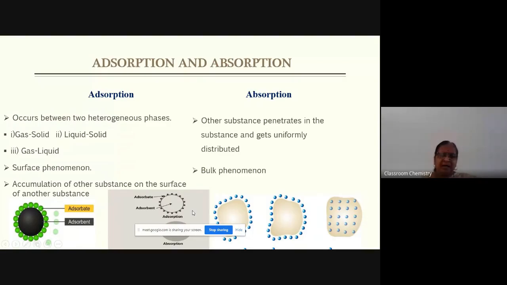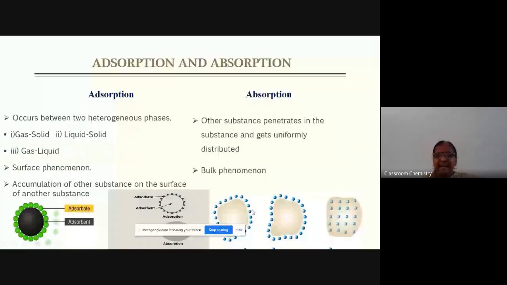In this figure, this substance is the adsorbent and another substance which is being adsorbed on the surface of that substance is known as the adsorbate. It is the surface phenomenon. But if we observe this figure, that substance will penetrate in the body of that substance.